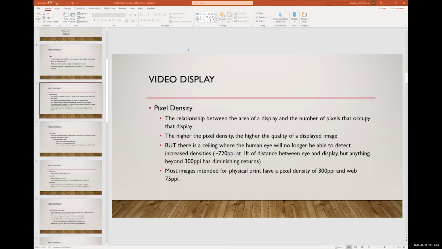All right. So most images or videos that will be displayed on smaller devices do not require as high of a pixel density.